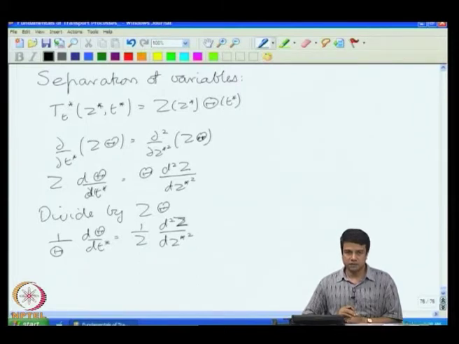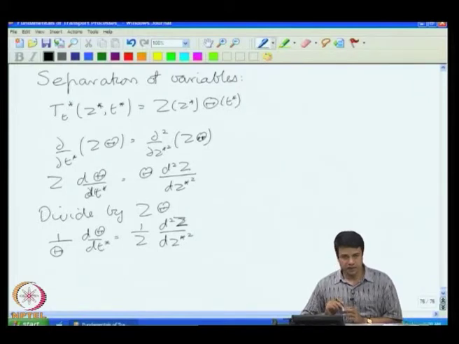The reason is as follows. Let us assume that it is not equal to a constant. Let us assume that the left hand side is only a function of t and the right hand side is a function of z and both are equal. In that case, I can keep z a constant and change t. If I do that, the left hand side changes, the right hand side does not, because I kept z a constant and changed t.